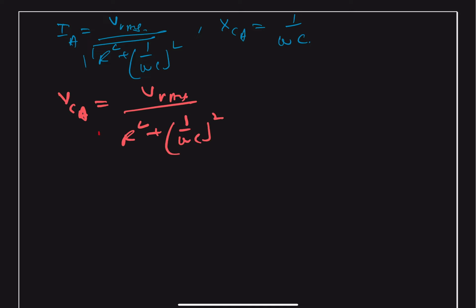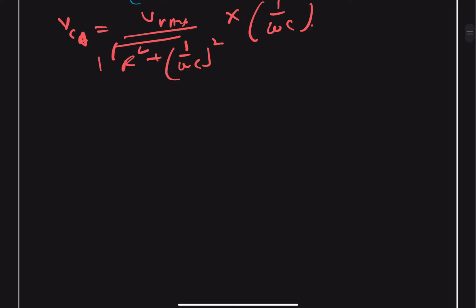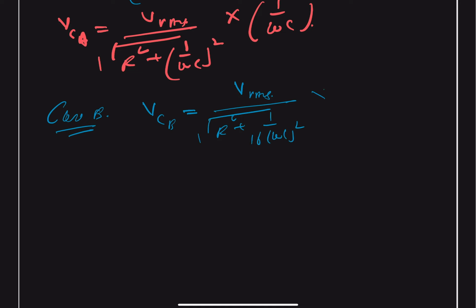Similarly, for case B, VCB is equal to VRMS divided by the square root of R square plus (1 upon 4 omega C) whole square, multiplied by 1 upon 4 omega C. Now we are going to compare our VCA and VCB.